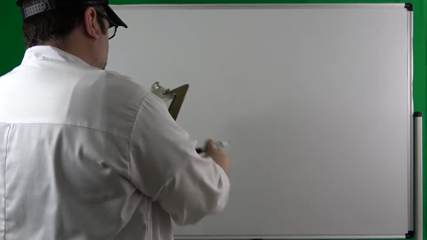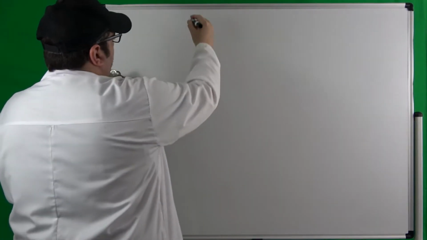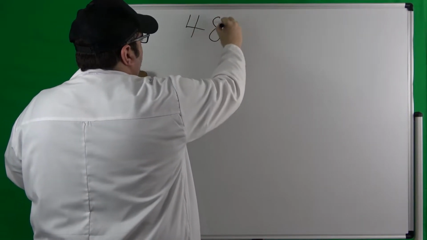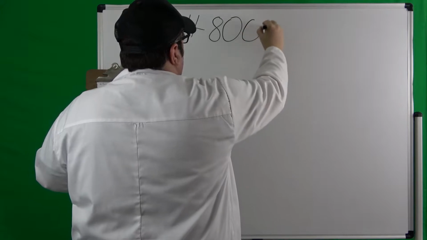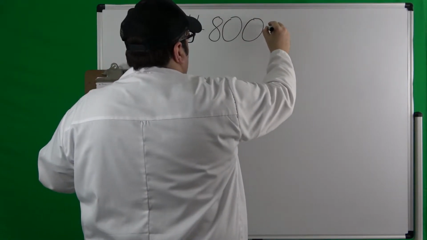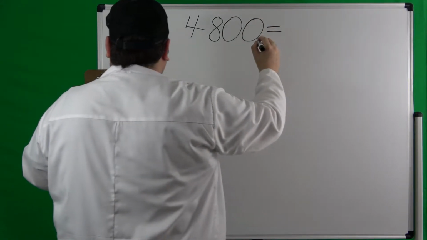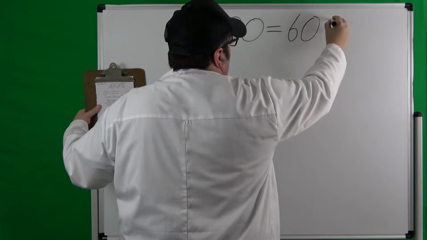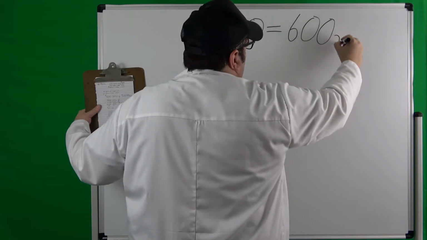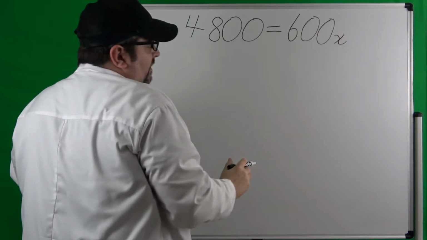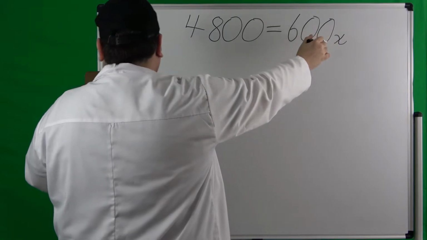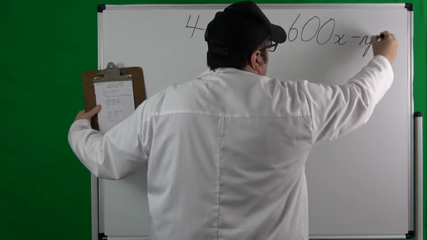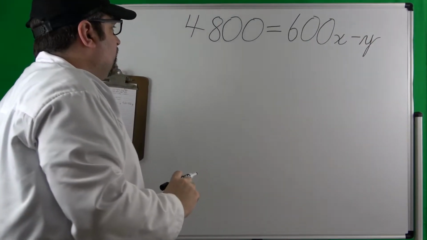All right. So we're going to have the profit of the first one, 4,800 equals the sales, which would be 600 copies of that magazine, times how many copies they sold, X, minus the cost, which is Y. All right, that's the first one.